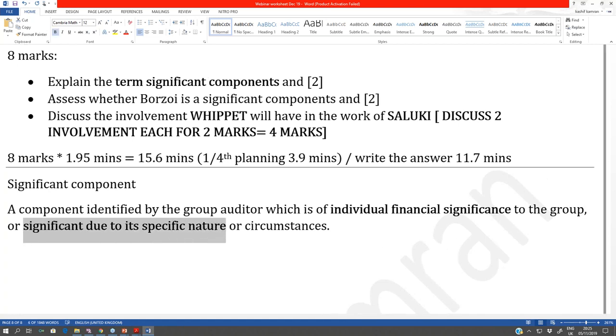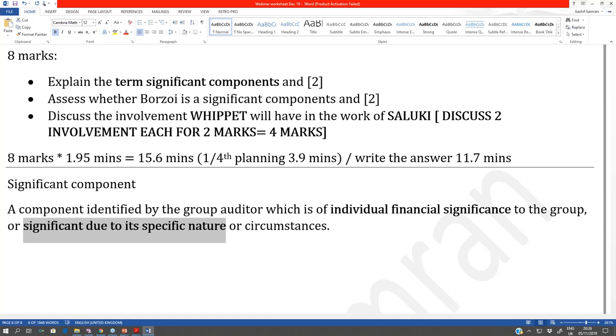Like it's a new component. You have taken on a new subsidiary. You have acquired the subsidiary for the first time. Then irrespective of the value, the subsidiary will become important to the group because you acquired it for the first time. So it could be significant due to its specific nature.